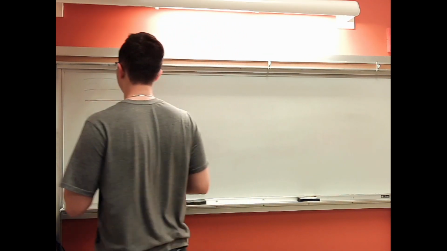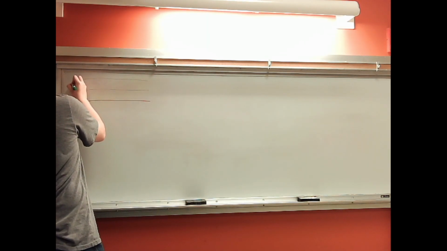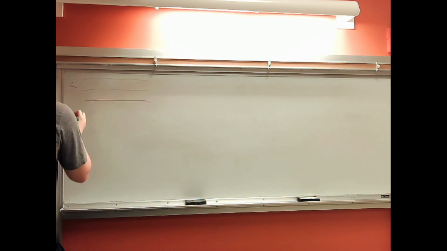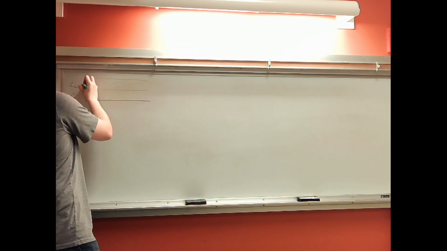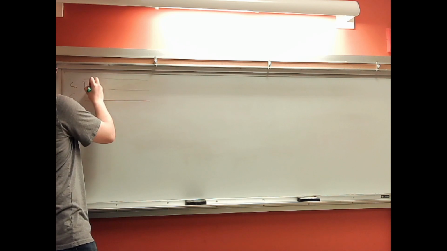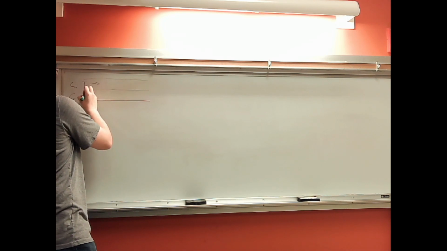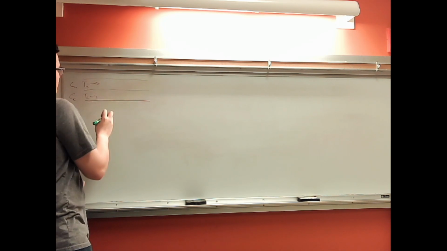Okay. So we have a hot current, we'll call that CH, and a cold current, call that CC. We have some hot temperature going in, and some cold temperature going in.